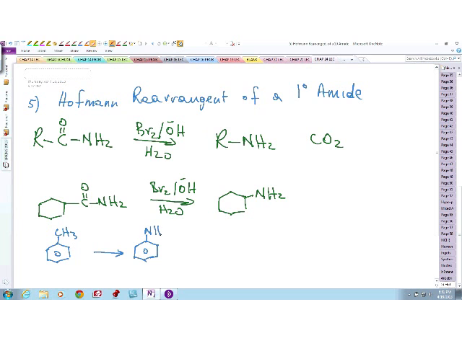How will you go from toluene to aniline? Anybody want to give me an answer? Keeping in mind that we have to use the Hofmann rearrangement. What do you do? Ines?